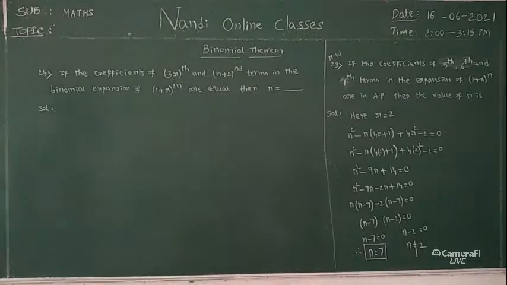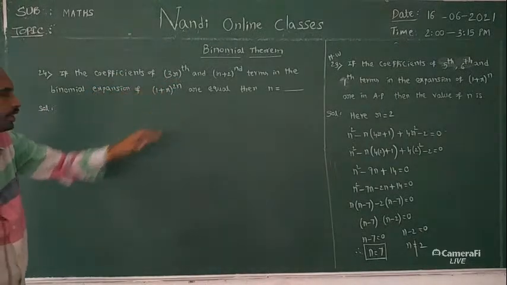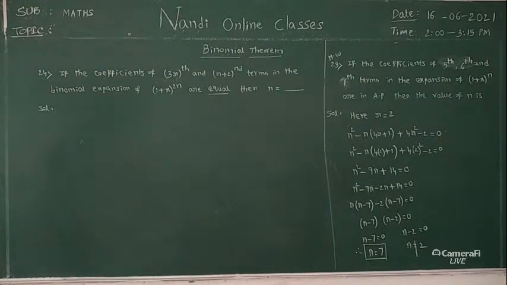Okay, understand the question. If the coefficients of 3rth and r plus second terms in the binomial expansion of 1 plus x whole power 2n are equal. The 3rth coefficient and the r plus second term coefficient are equal. What is the n value? I have given it in the synopsis.